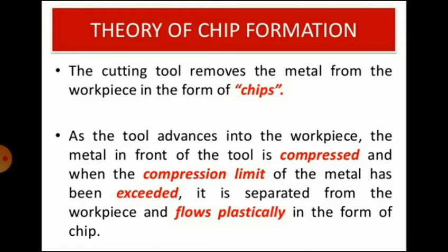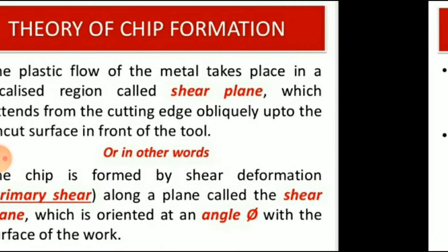As the tool advances into the workpiece, the metal in front of the tool is compressed. When the compression limit of the metal has been exceeded, it is separated from the workpiece and flows plastically in the form of chips.